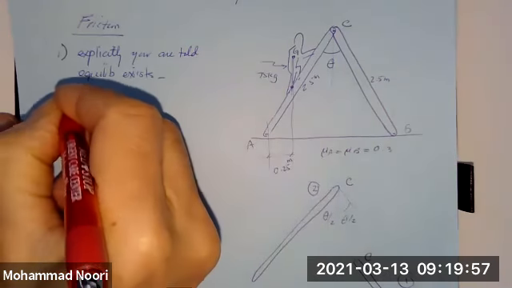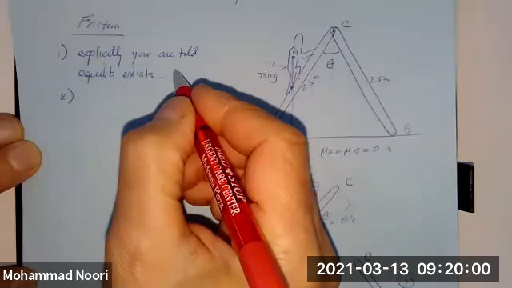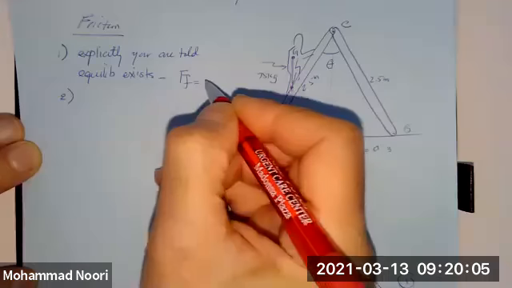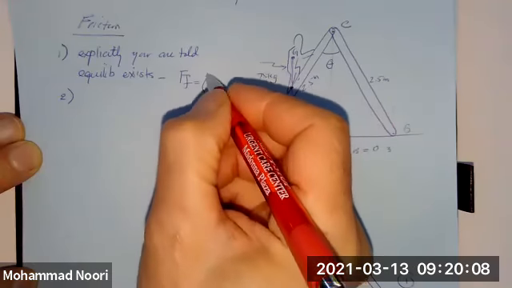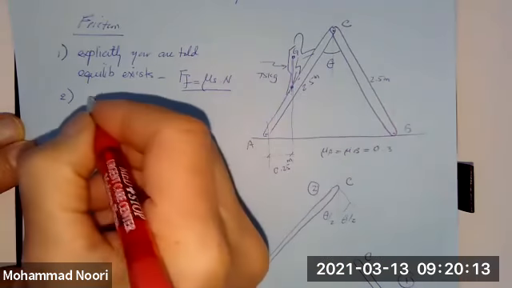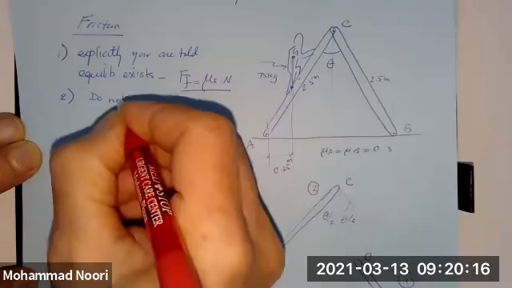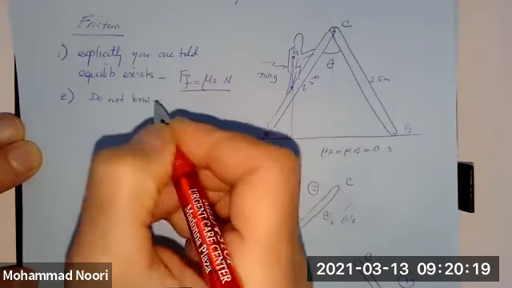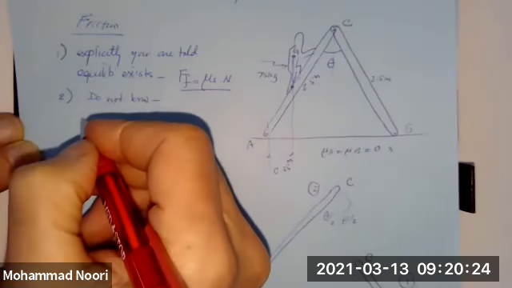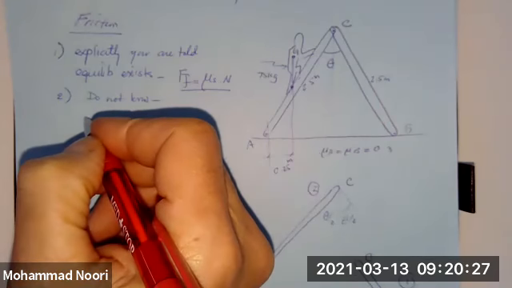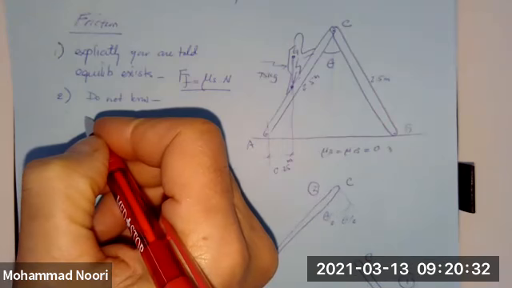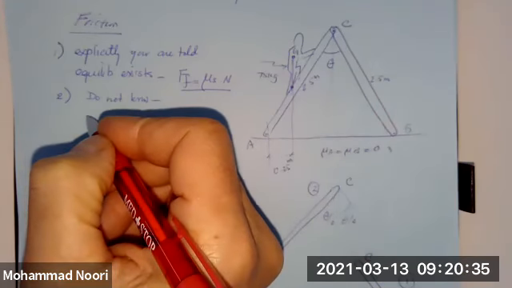The second type: in the first case, when equilibrium exists, the force of friction is at its maximum value of static friction, which is mu s times N. But there are cases where you do not know if friction exists. You need to verify that. For instance, you're asked to find the maximum value of the force, or if such and such force is given, is this going to stay in equilibrium?